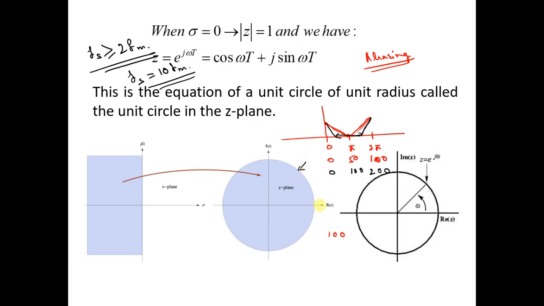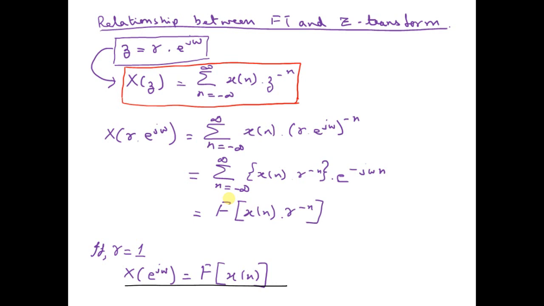So it will be in the range of 0 to pi. The FT exists in the range of 0 to pi. Thereafter, after pi to 2 pi, again the same thing repeats. Okay. The discussions are given over here, how we got to this equation. You can just go through that.